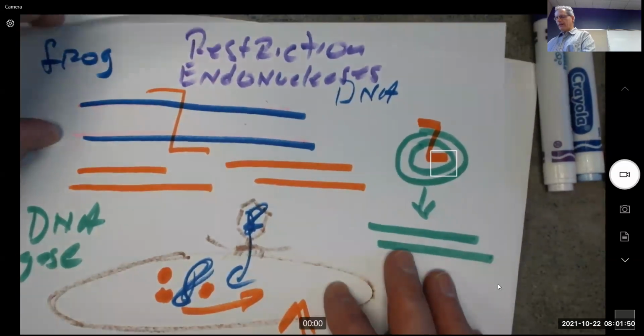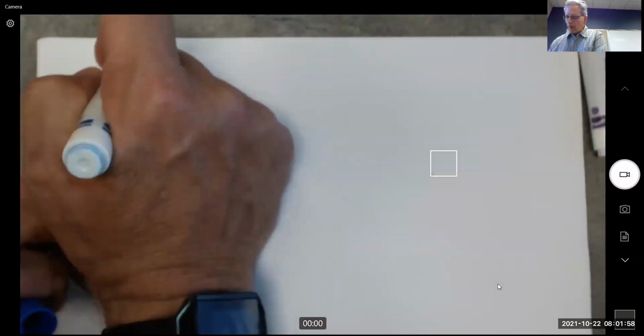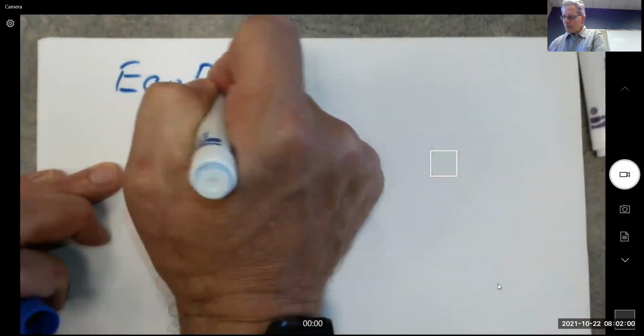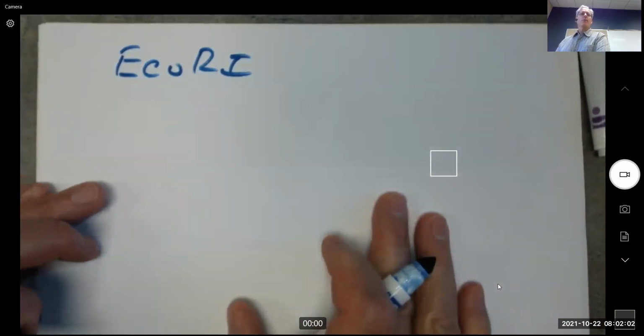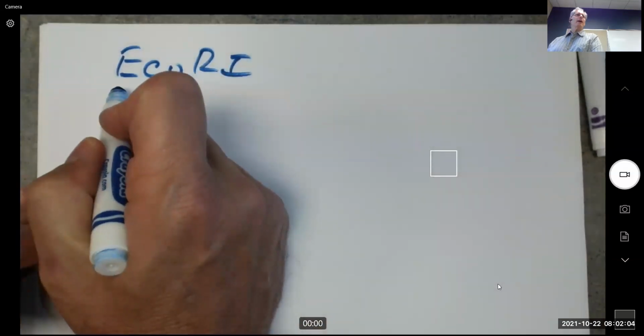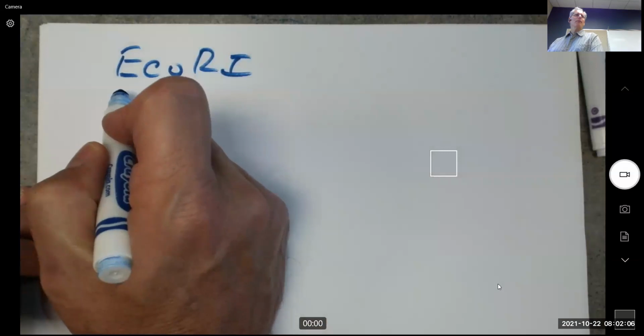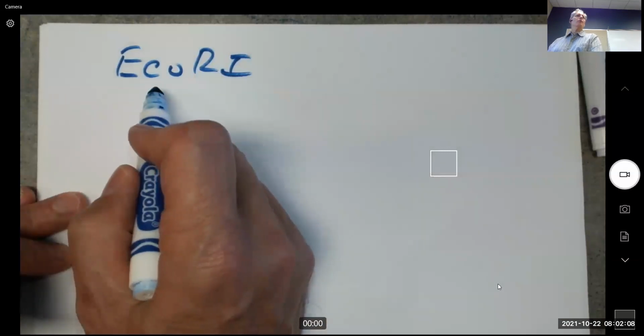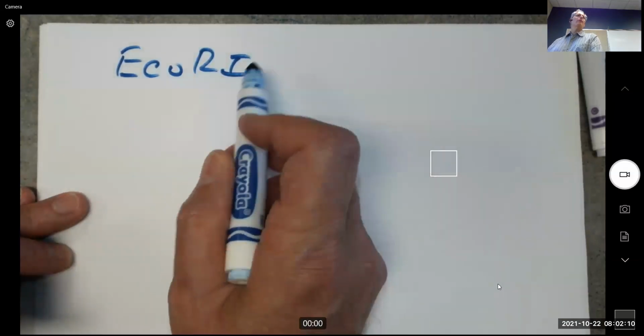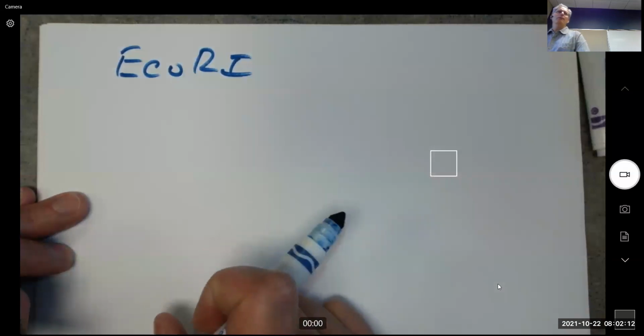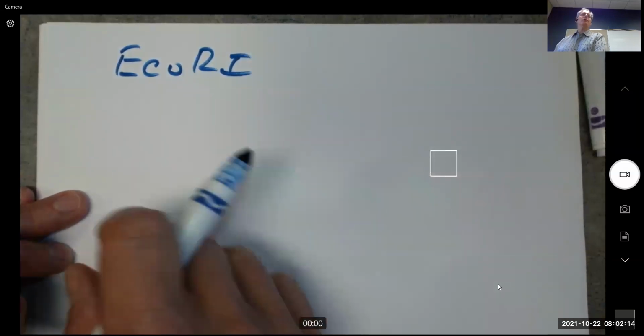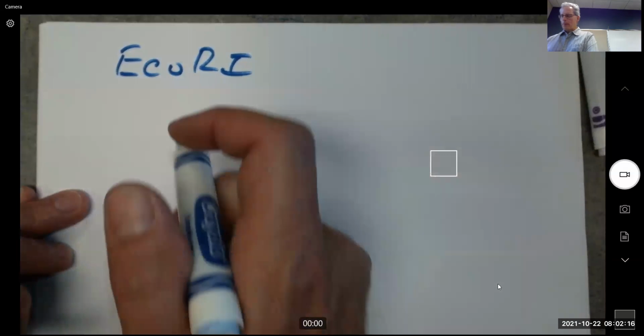Now, interestingly, the video told you the enzyme that they talked about was EcoR1. E comes from Escherichia. Co comes from coli. R1 comes from strain R1. These are named after the strains they come from.